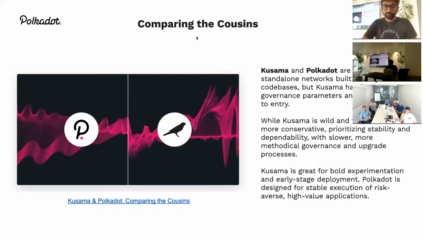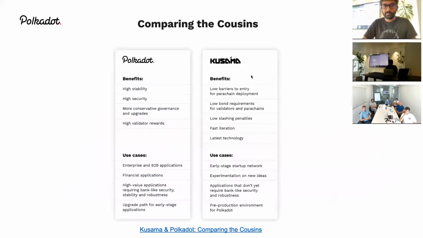So yeah, the comparison is listed out on the slide. You can see that Polkadot is going to offer very high stability, high security. Even the governance is a bit more conservative, meaning for anything to change on Polkadot, it takes about 28 days, corresponding to the unbonding period of the DOTs, whereas in Kusama, it's about 7 days.